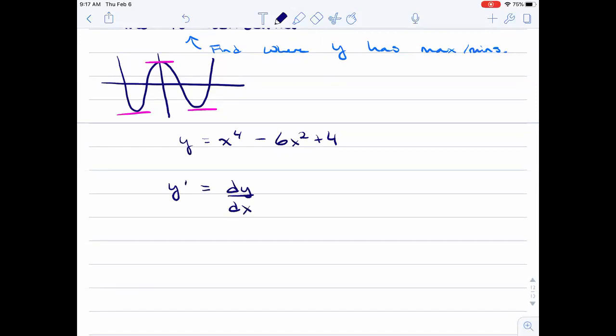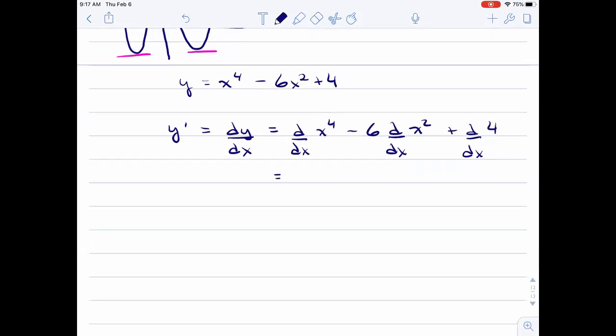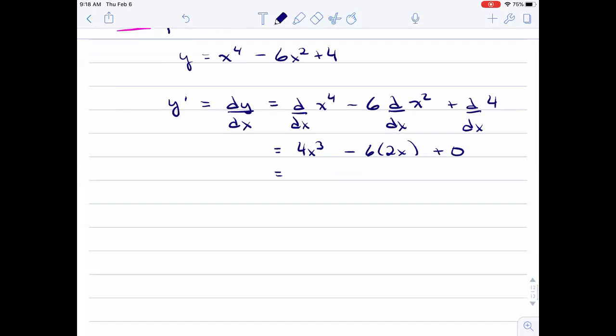Take the derivative of y with respect to x, which is going to be d dx of x to the 4th minus 6 d dx x squared plus d dx of 4, which I know is just going to go to 0. I get 4x to the 3 minus 6 times 2x plus 0, which puts me at 4x to the 3 minus 12x.